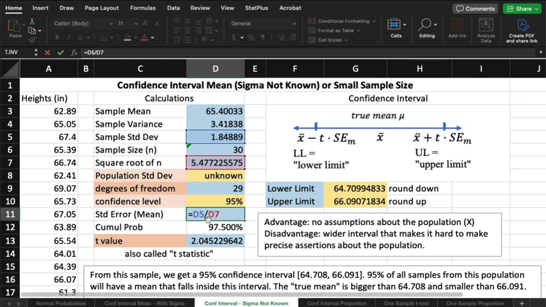That's equals D5 divided by D7. So in this case, instead of taking sigma and dividing by the square root of n, we're taking our value of s, lowercase s, our sample standard deviation, and dividing by the square root of n.